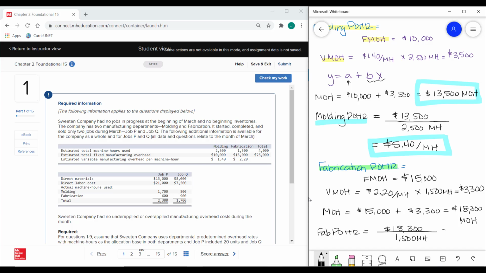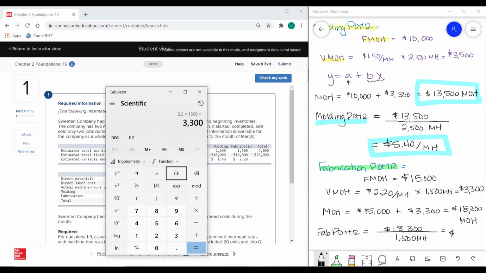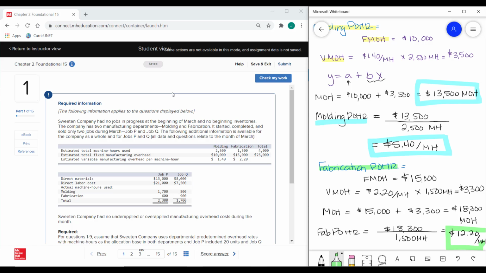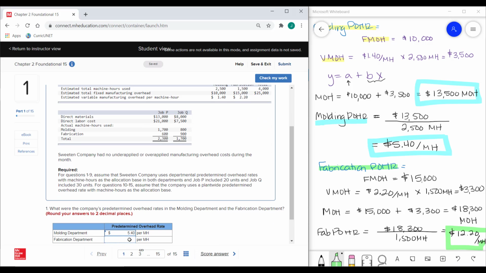What does our pour come out to? We'll divide that 18,300 by 1,500 machine hours, and that gives us $12.20 per machine hour for our fabrication department pour. Okay, very good. So we'll plug that in here.